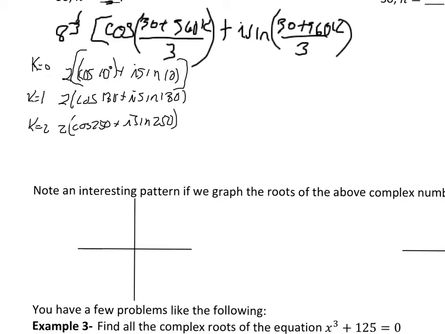So now we crank those out. Cosine of 10. Now normally these will work out a little cleaner, but that's all right. You can find them on your unit circle. What's the cosine of 10? 0.985. Sine of 10 is 0.174, and then you double those. We won't do that. All right, cosine of 130.